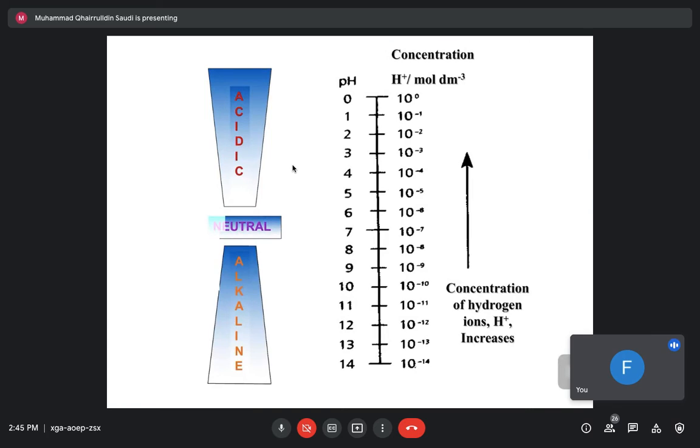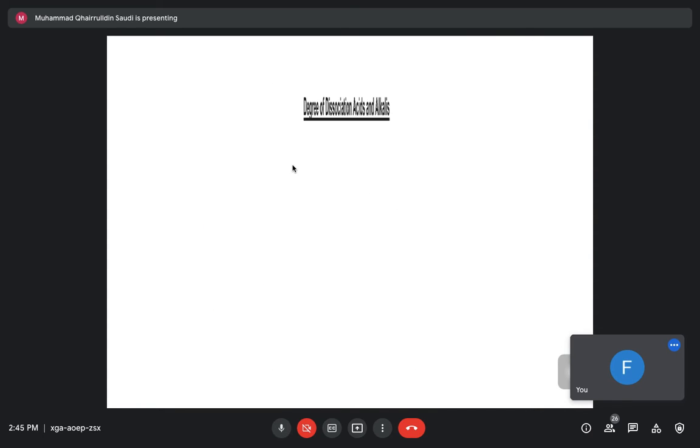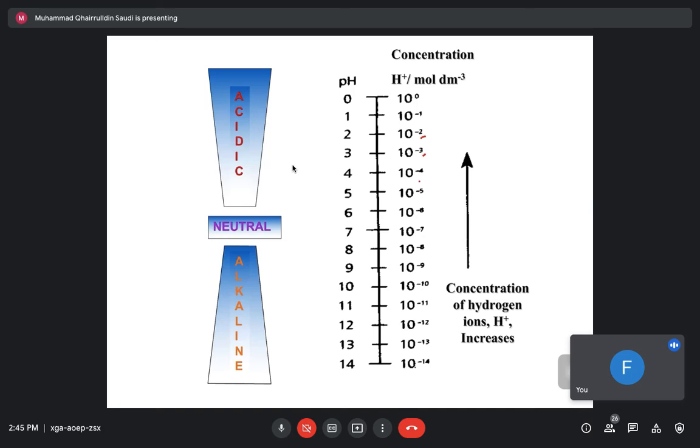Okay, ni yang ni lebih nampak kot. Okay. So, pH 0, pH 14. Concentration of hydrogen ions dekat pH 0 adalah 10 power of 0. Dekat pH 1, 10 power of negative 1. Dekat pH 2 makin sikit, makin sikit, makin sikit.